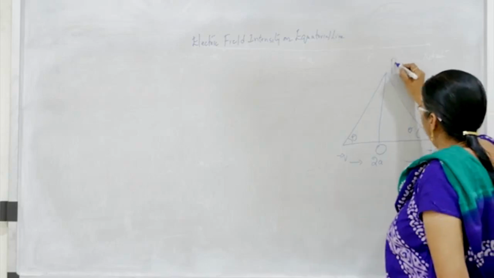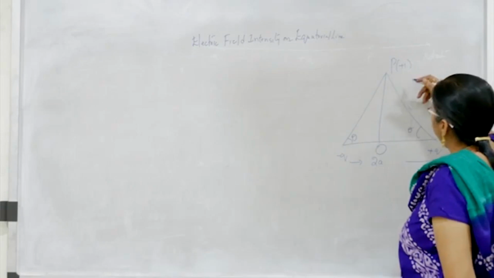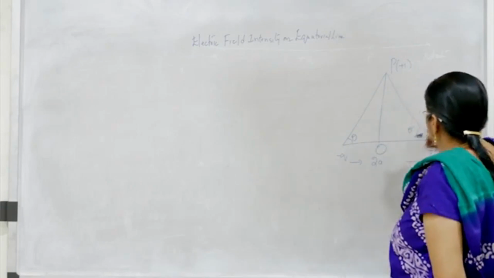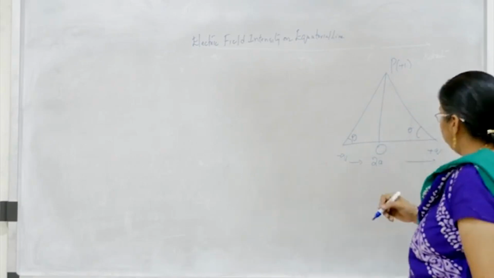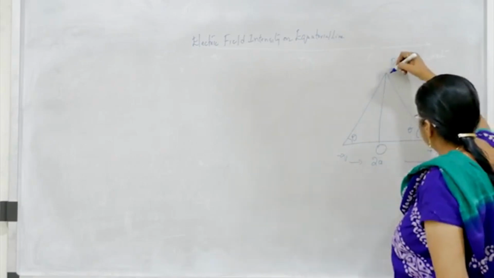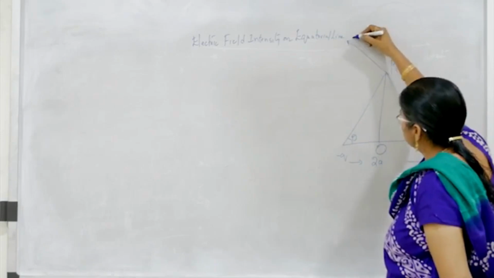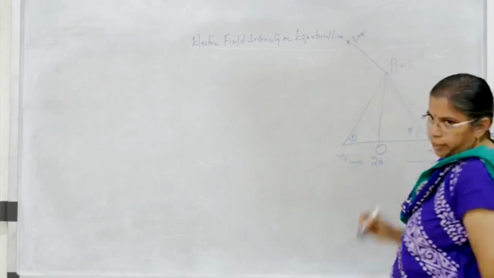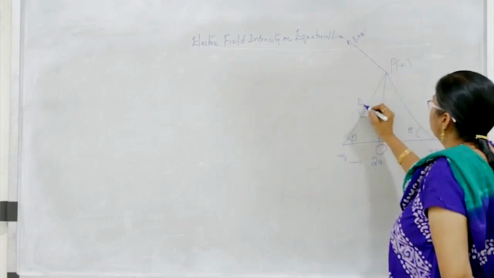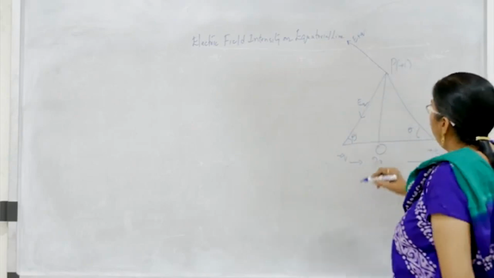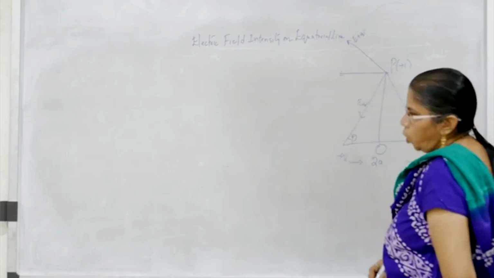So P is the point where a unit charge is placed, and here we have to find the direction of the electric field. For plus q it is like this, this is E plus q, and E minus q, the direction is like this. To find the total direction we draw a parallelogram.